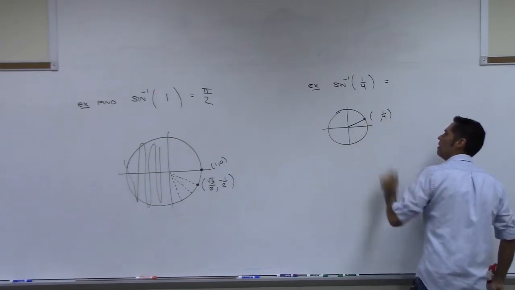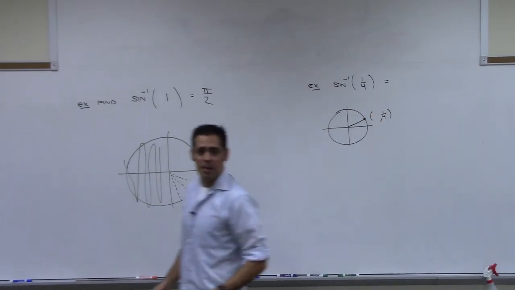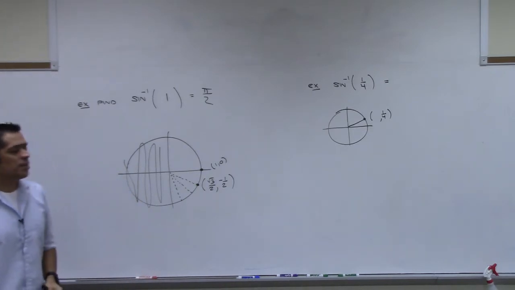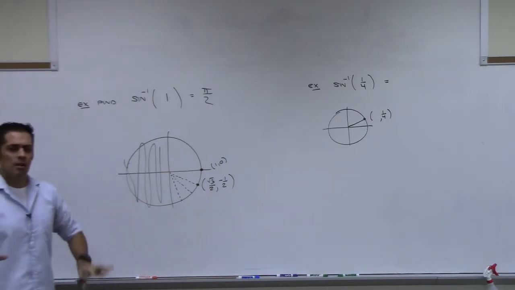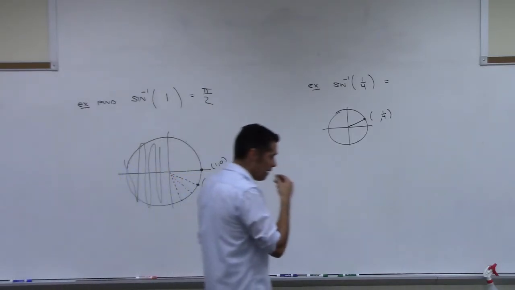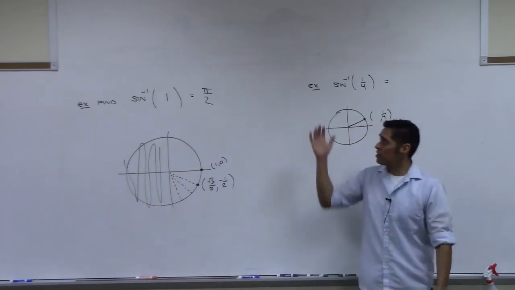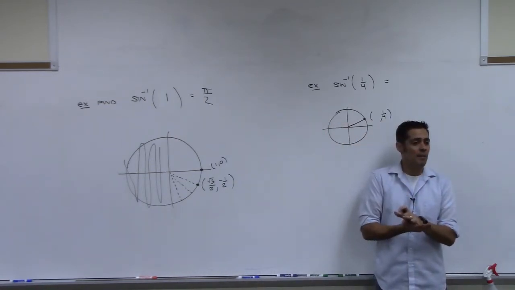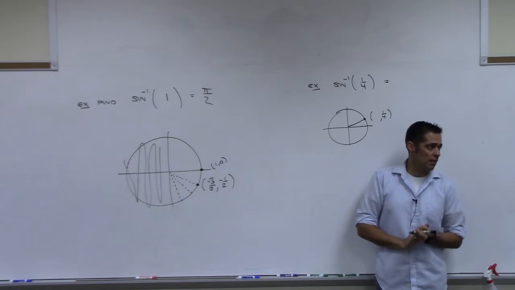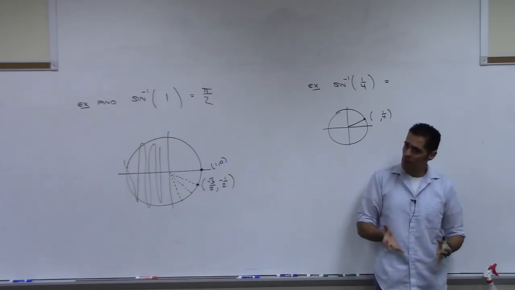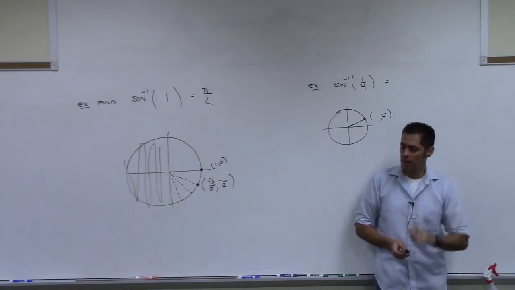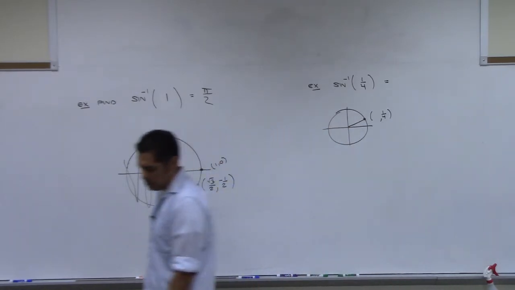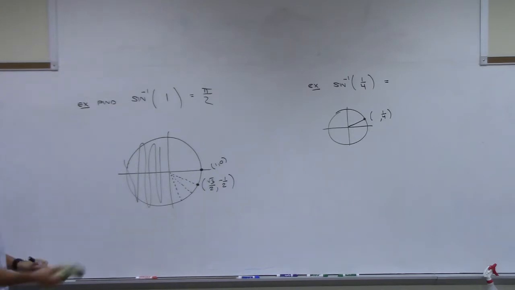And unfortunately, that's not a common angle, is it? So at this point, you would have to use your calculator, which we'll do later. I just want you to see that so far, everything I've asked you in terms of arc sine has been one of your common points on your unit circle. If I go outside of those common points, we're going to need technology to help us get the answer. But before we do that, let's talk about arc cosine.